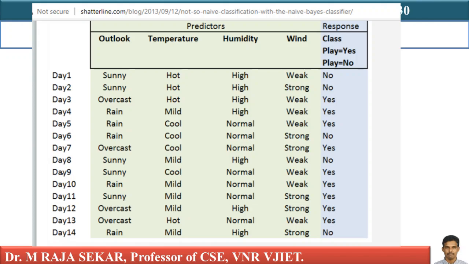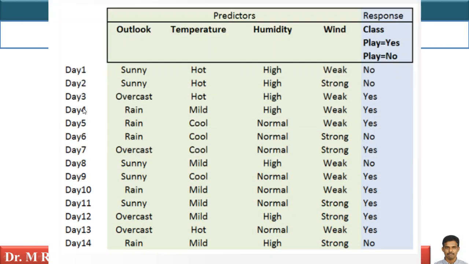Explained very clearly. Here, how many features do I have? Just see, there are feature 1, feature 2, feature 3, feature 4. Which one is feature 1? Outlook is feature 1, temperature is feature 2, humidity is feature 3, wind is feature 4. What are the possible values for feature 1? Sunny, overcast, rain.